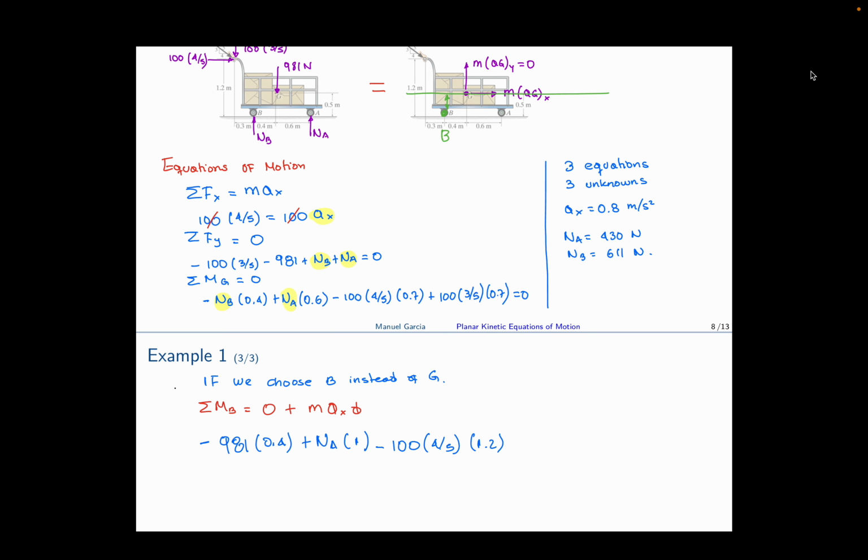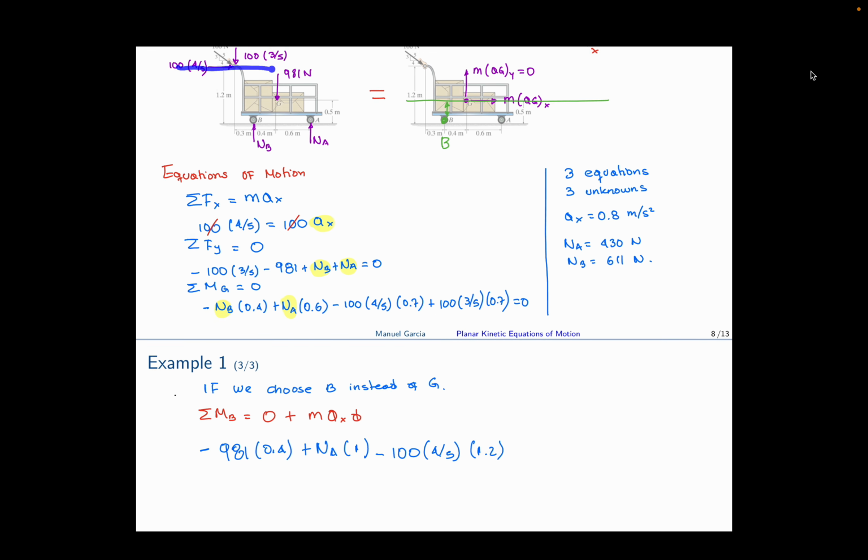Okay, the horizontal component will produce a negative moment, and the distance is 1.2. And now we have the vertical one, which produces a positive moment with respect to this point. So that force is over there, and the distance is 0.3, plus 100 multiplied by 3 over 5 and multiplied by 0.3.